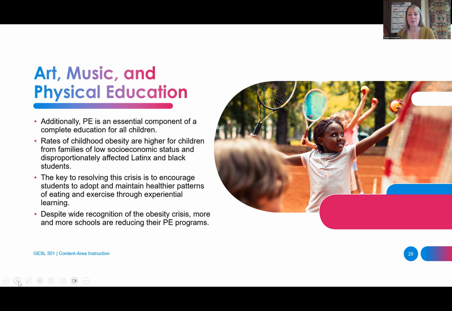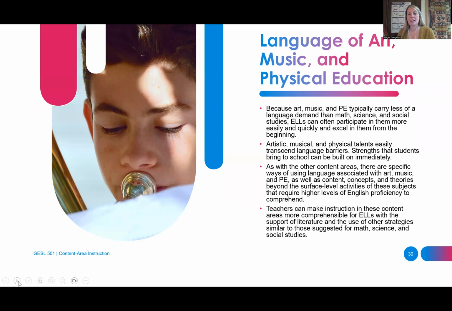And we need to do this by showing them through experiential learning. Despite the wide recognition in the US of the obesity crisis, more and more schools are reducing their PE programs, giving teachers less time.